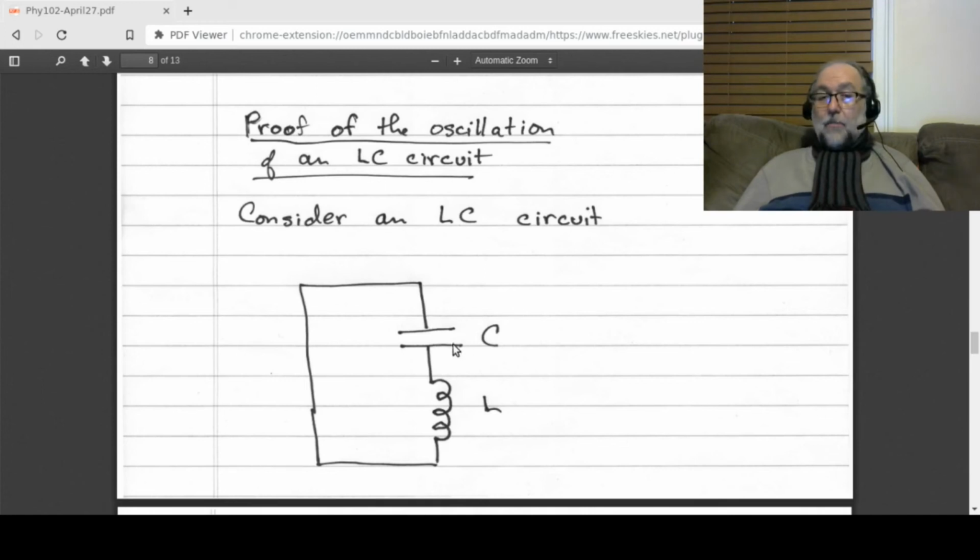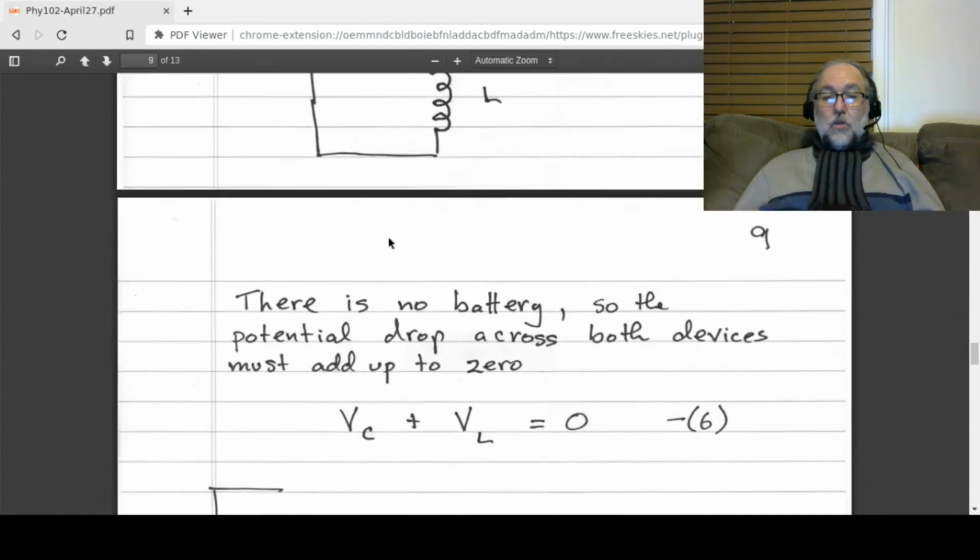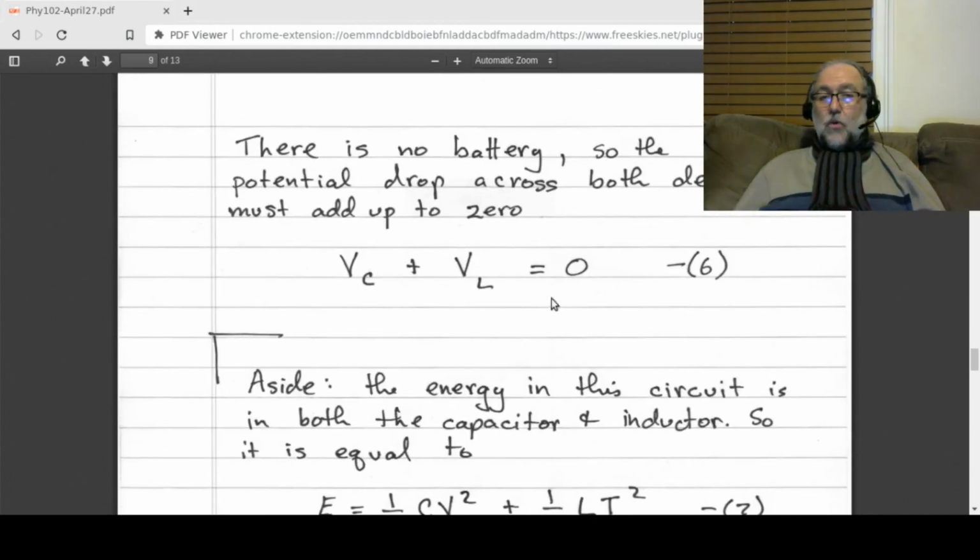So how do we do this one? Same thing. You've got a potential drop across the capacitor, you've got a potential drop across the inductor. Those two potential drops must equal 0. Now before I actually solve this, it's not that hard to solve. It's really interesting because it's almost identical to the simple harmonic oscillator.